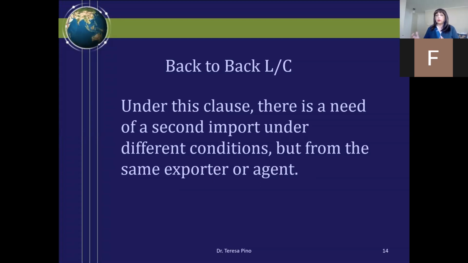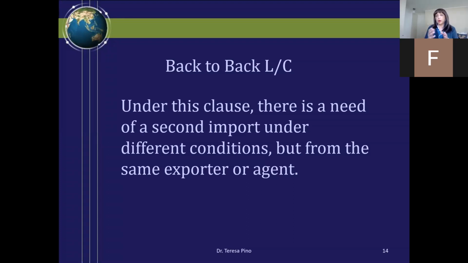It's always going to vary, but it's going to be another deal after the initial one. So the exporter is going to be the same person, but you may vary the quantity of the merchandise, the quality, or the type of merchandise. But it's going to be a second buy from the same exporter.